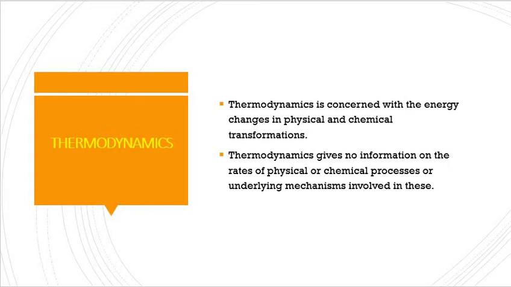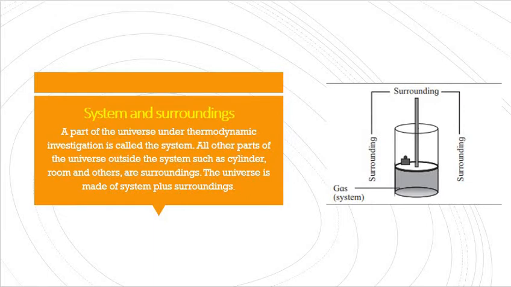Now, some terms related to thermodynamics. The first terminology which you will come across in this chapter will be system and surroundings. Let's understand with this example, with this figure which is given on the screen.